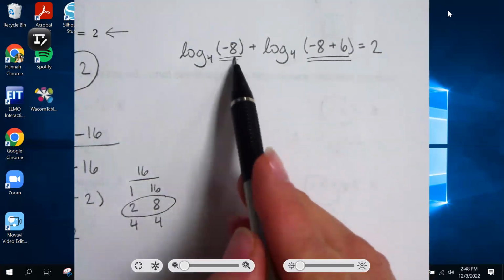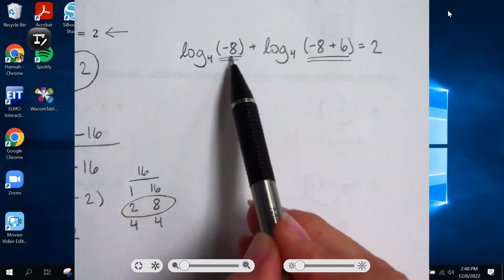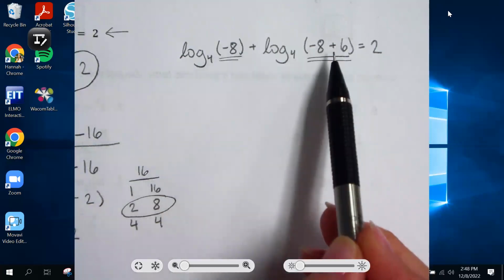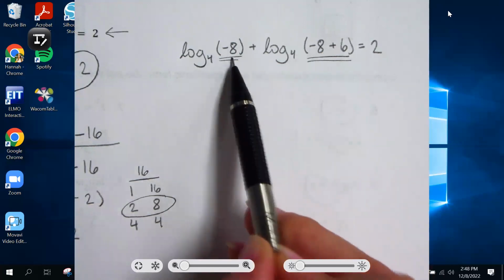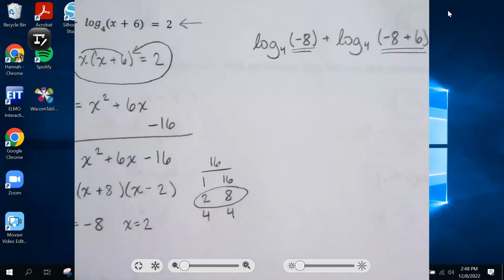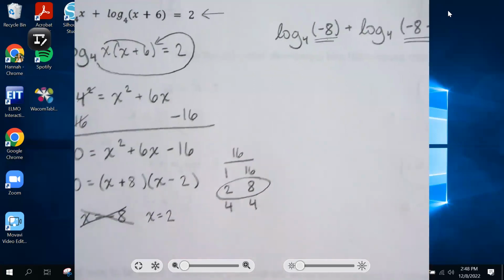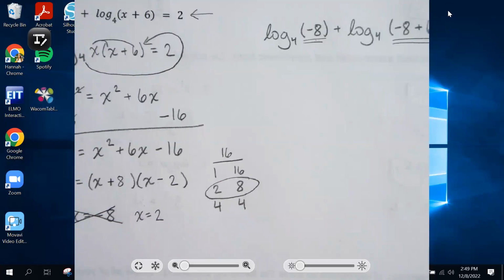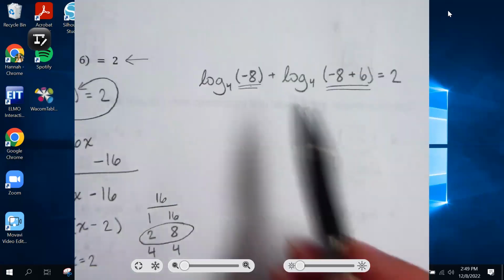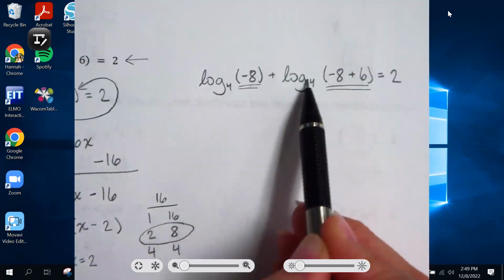You can't have a negative number inside of a logarithm. So because we have a -8 here, and this also ends up being -2, we can't have that, which means -8 is not going to be one of our solutions. So we can mark out that as a possible solution. You can't have a negative number in this position of a logarithm.